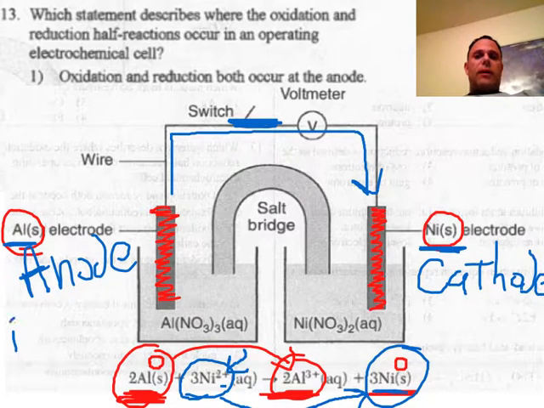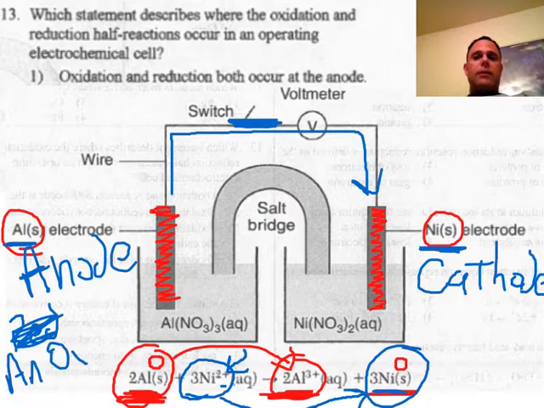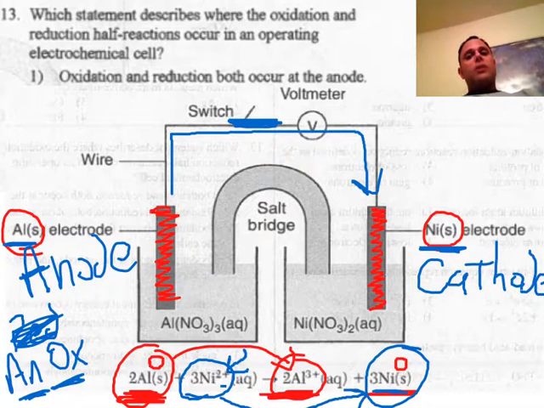And we say that this side is the ox, because oxidation is occurring at the anode. It is losing electrons. Its oxidation number is climbing, as shown right down here. The aluminum went from 0 to +3.